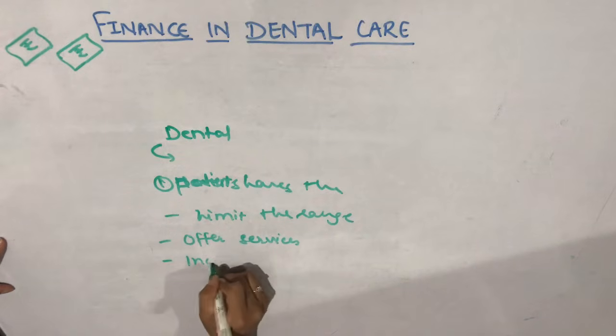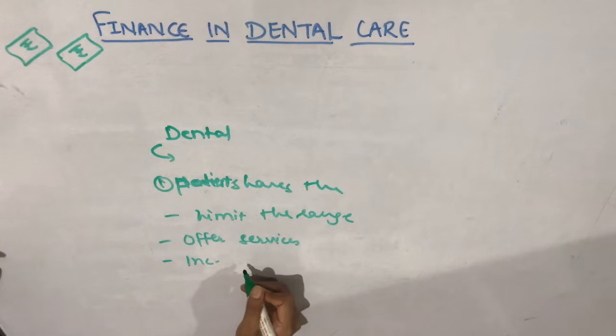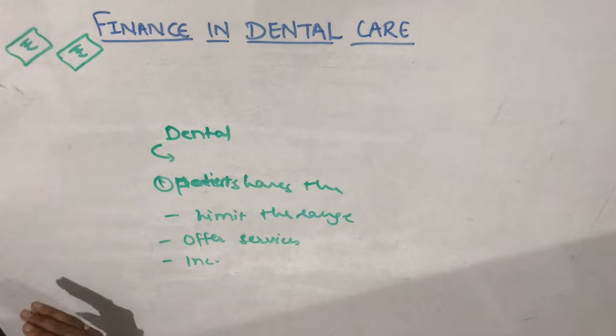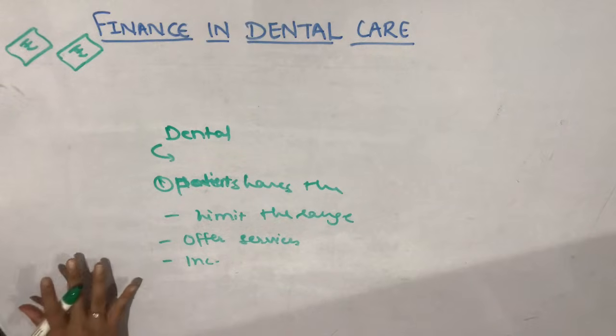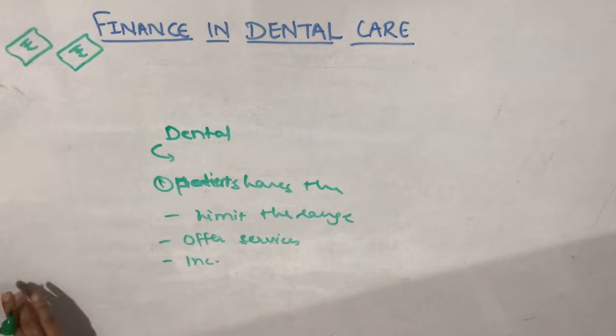Then it includes a waiting period after enrollment, and last, it uses pre-authorization. It is a process wherein the dentist is required to submit the treatment plan to the insurer for review before the treatment begins.